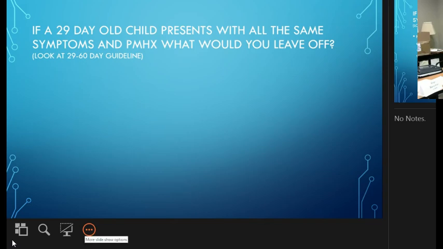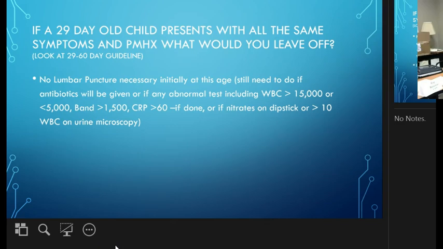So take a look at that for a second, and what is missing from the workup? That's right, no lumbar puncture is necessary initially at this age range.